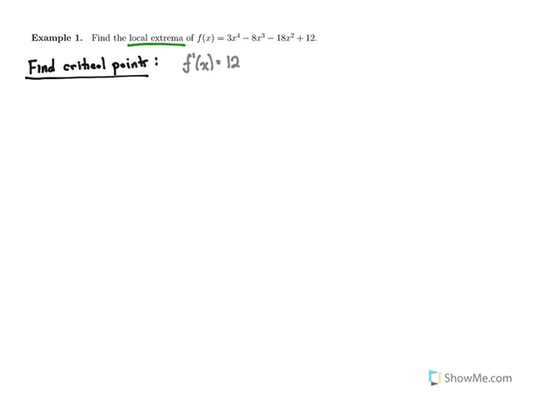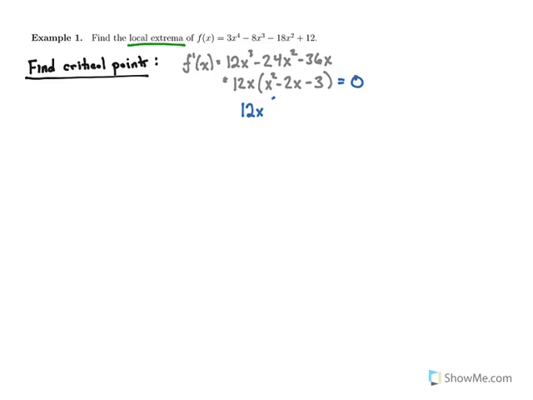That's going to be 12x cubed minus 24x squared minus 36x plus 0. And note that we can write this as 12x times x squared minus 2x minus 3, and we are going to set that equal to 0.